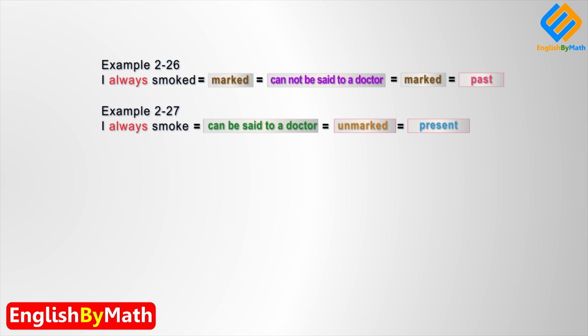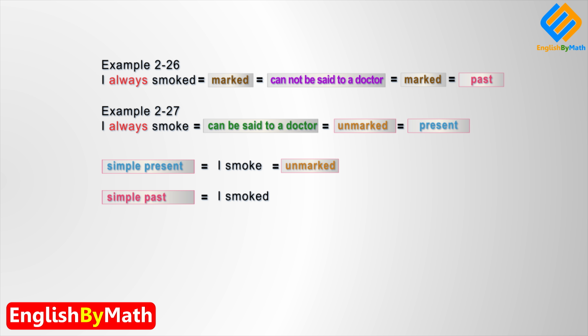When we compare the simple present with the simple past without adding frequency words, the end result will be as follows. Simple present, I smoke, unmarked. Simple past, I smoked, marked.